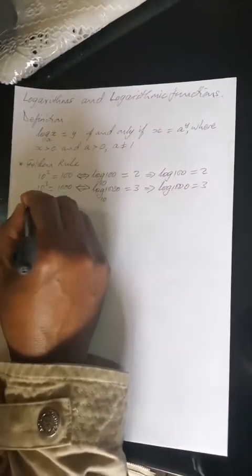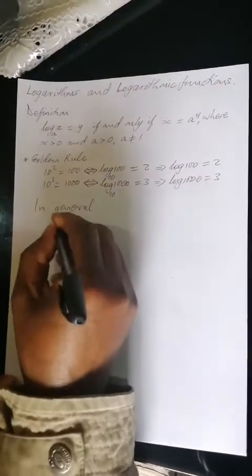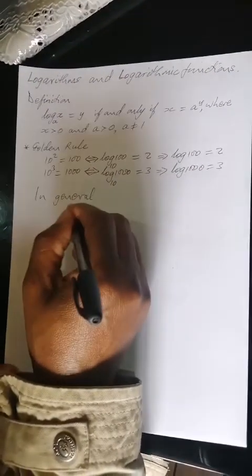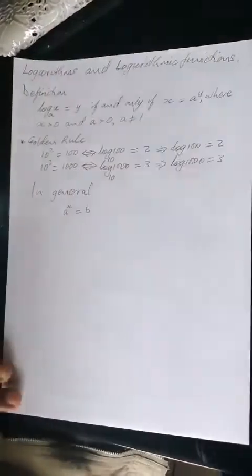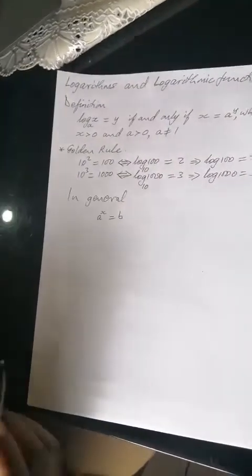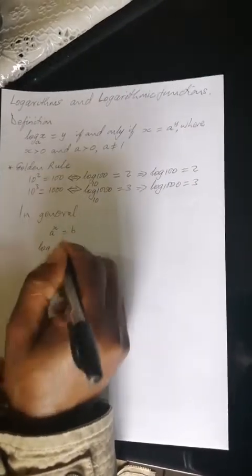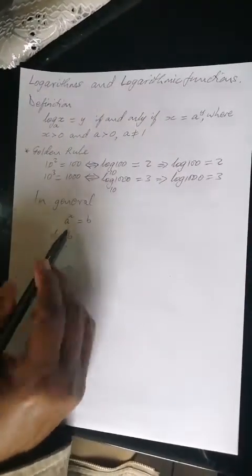So in general, when we have a to the power x equal to some b, if you want to write this in log form, we're taking log of the right hand side, which is log b, and what is the base?